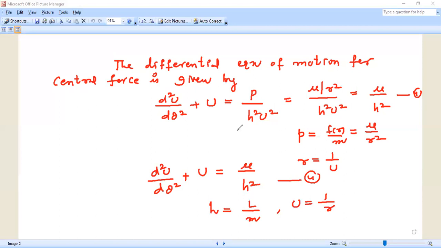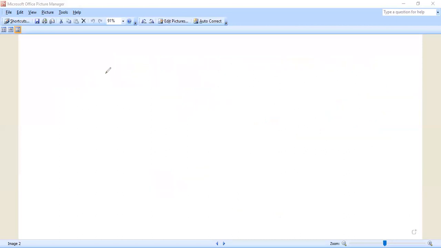The solution of equation 4. Equation 4 is a second order differential equation. Its solution has the form u is equal to mu by h square plus A cos of theta minus theta naught. Equation 5.